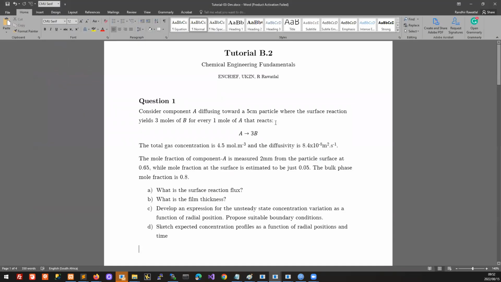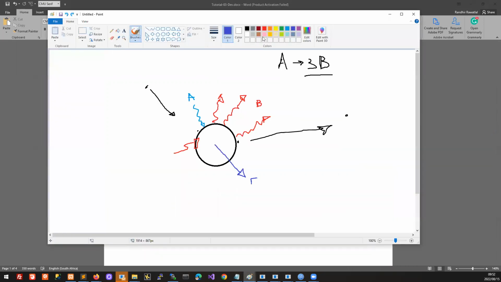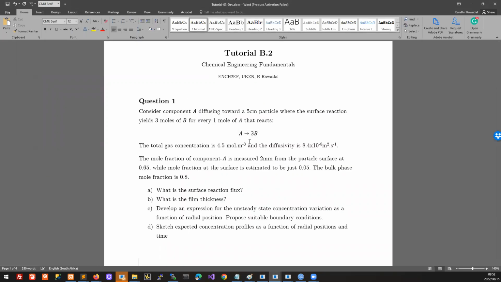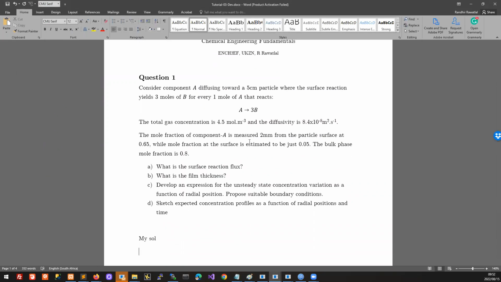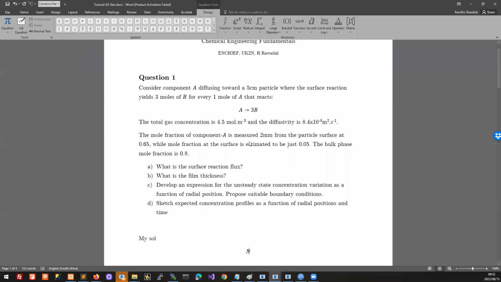So in our development here, we've said A is towards the particle. So we expect that our NA, we are expecting this is going to be negative.